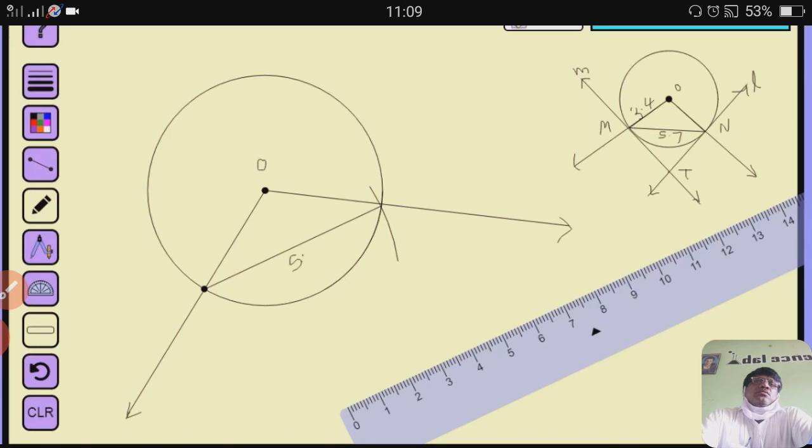Length of the chord MN is 5.7 centimeter, radius 3.4 centimeter, points M and N.